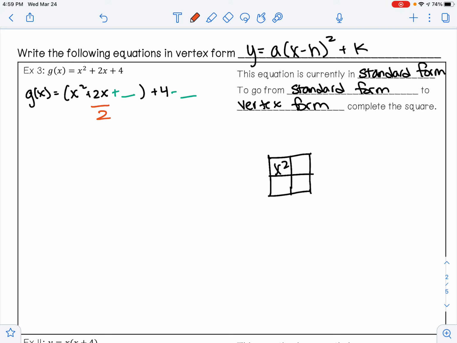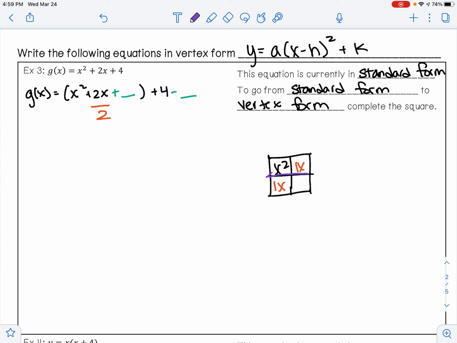So if I divide 2x by 2, that gives me 1x. Now you can see that this side length will be the same as this side length, making this shape a square and not a rectangle.